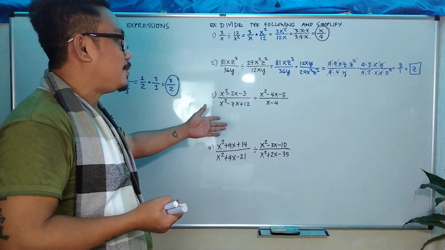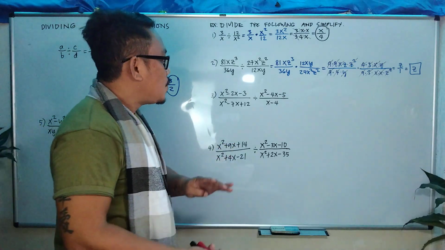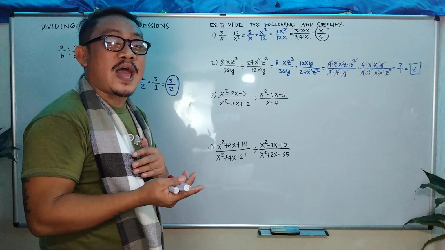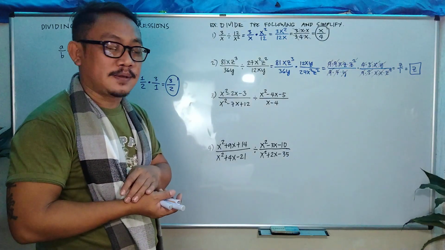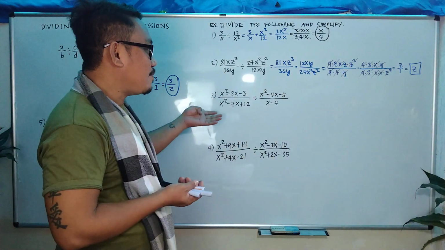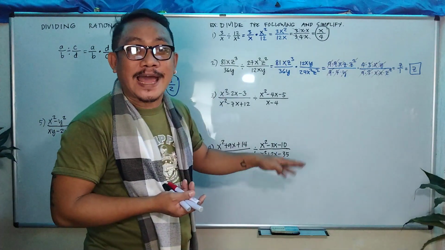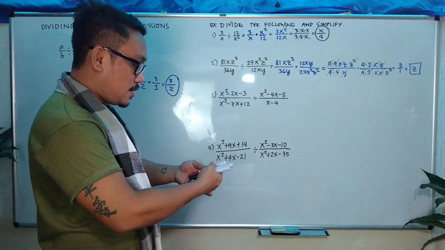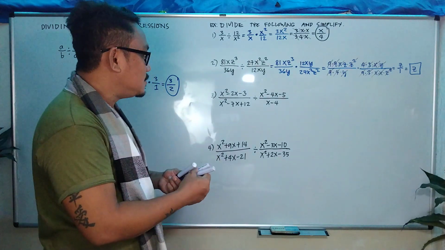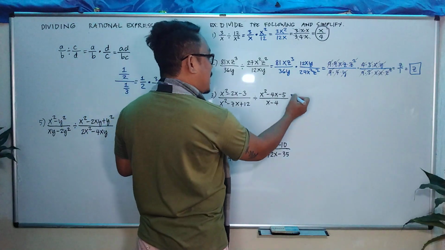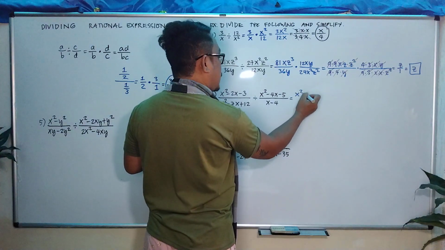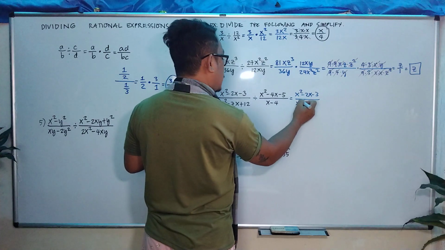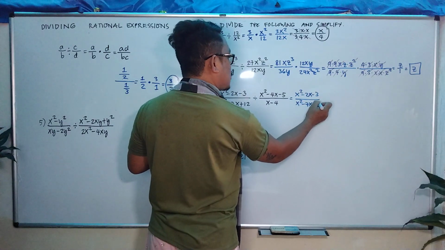Another type of example: if you look at number 3, you will see that we need to do factoring. These are polynomials that you can factor so that we can see the common numerator or denominator. So what do we do first? Again, we copy them: x squared minus 2x minus 3 over x squared minus 7x plus 12.